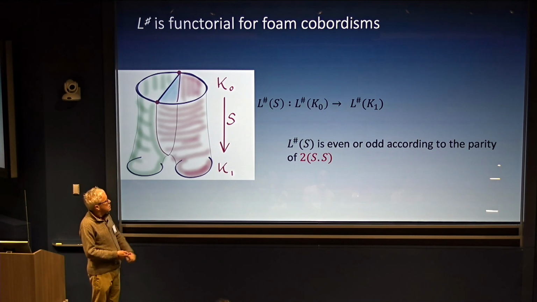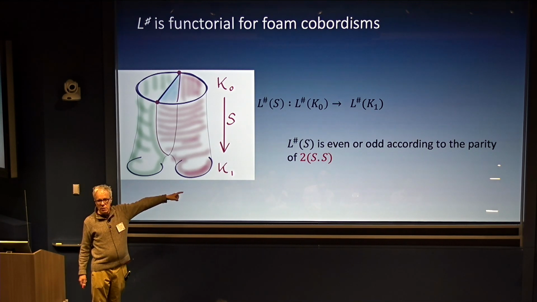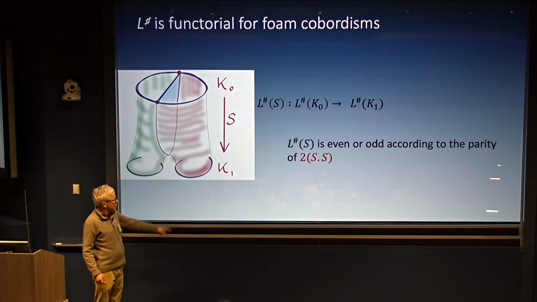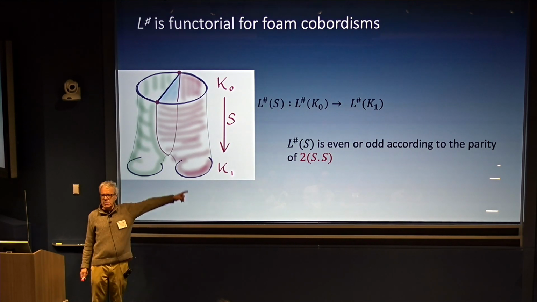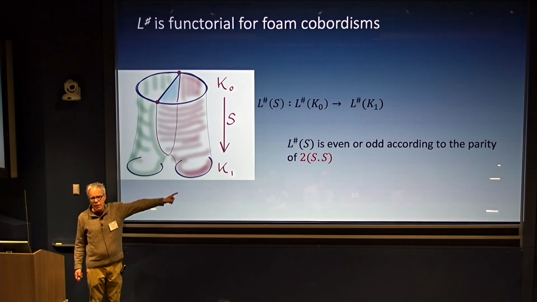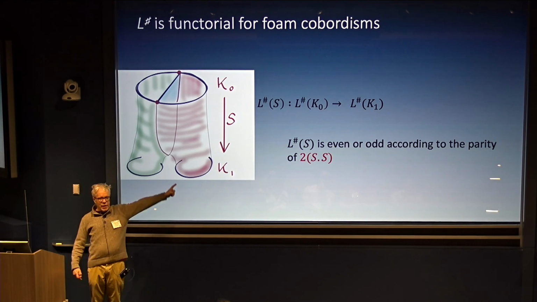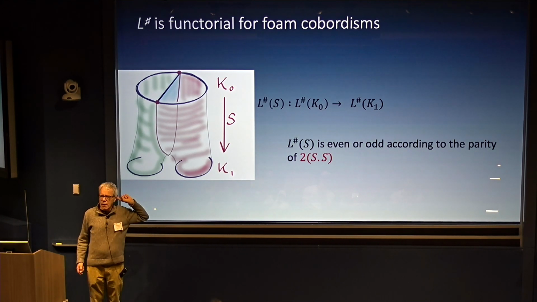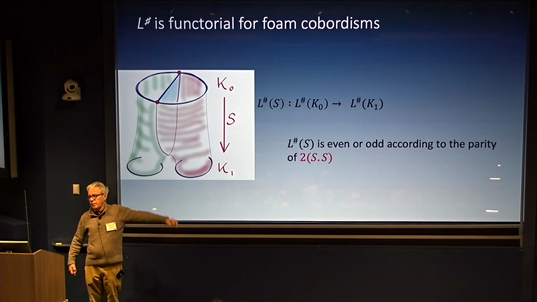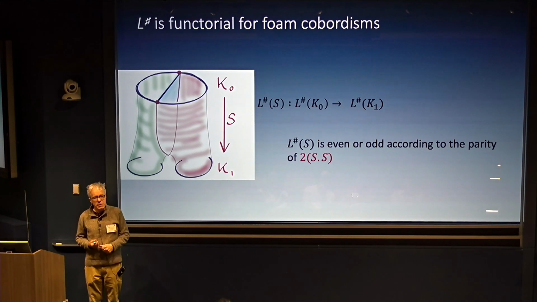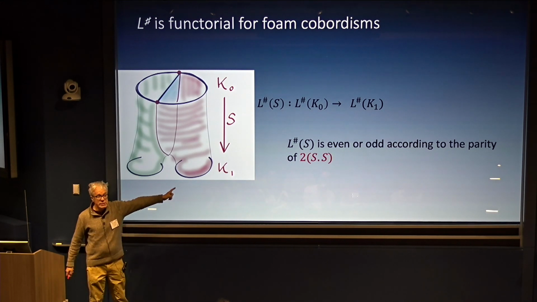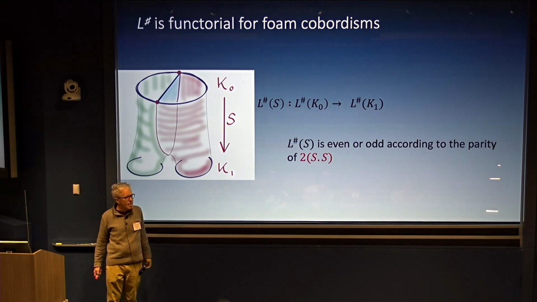To compute whether a given foam is even or odd, there's a rule here. You look at the parity of twice S dot S. S dot S is a half integer for a foam in 4 space, potentially.